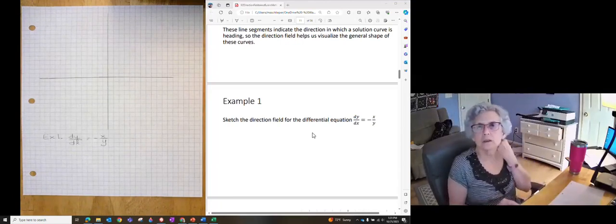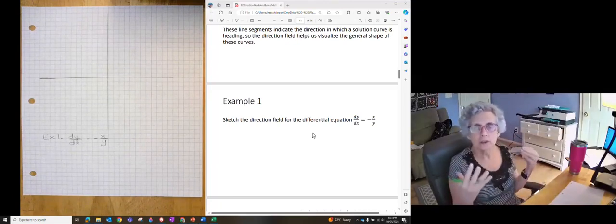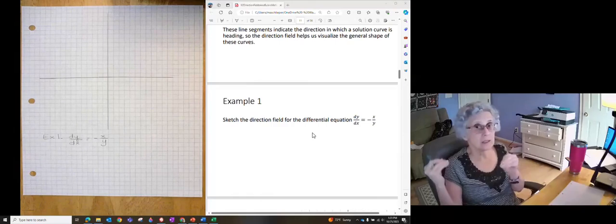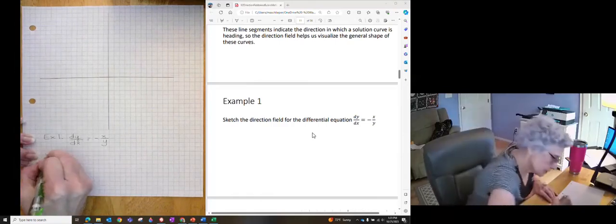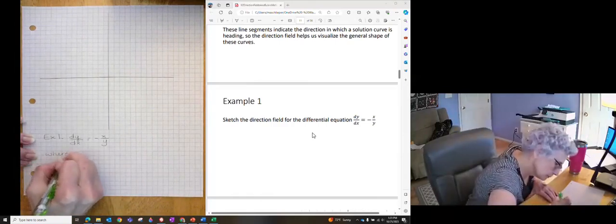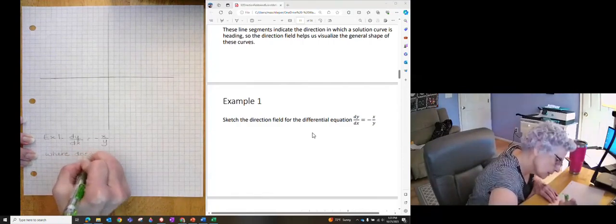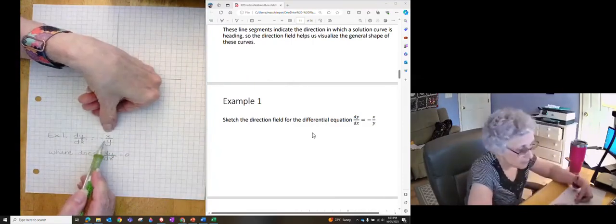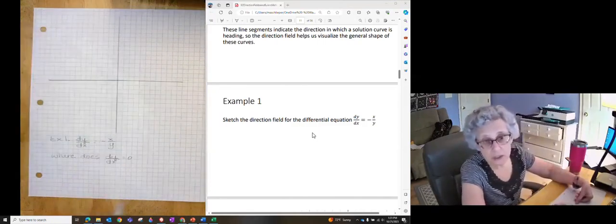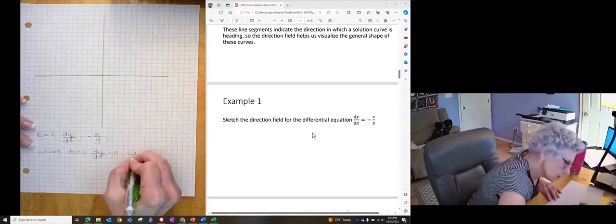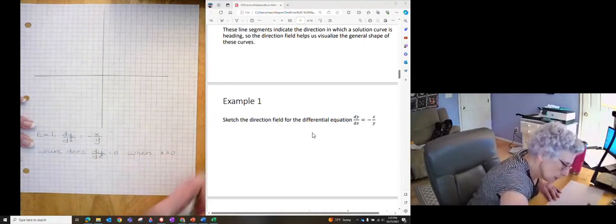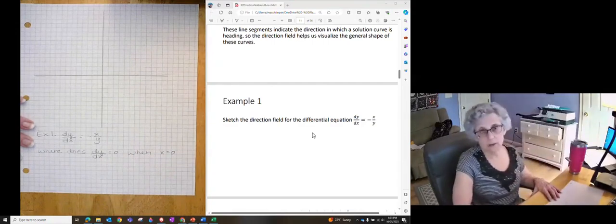So usually I like to think about, where do I have my flat lines? My flat lines meaning, where is the derivative equal to 0? Where does dy/dx equal 0? Well, it's a fraction, so it's equal to 0 when the numerator equals 0. So that would be when x equals 0.